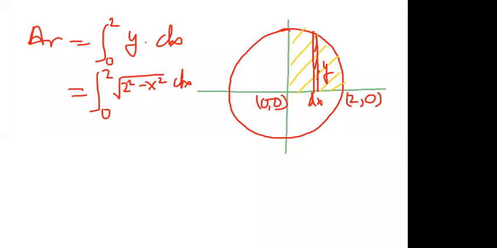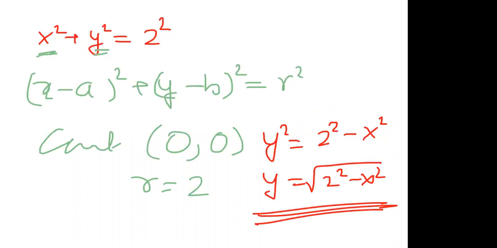I suppose now you know this identity, the integral of √(a² − x²). Everybody knows this identity. This is one of the very important identities, and most of the time we find it in the board examination.